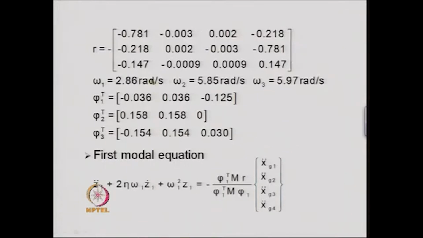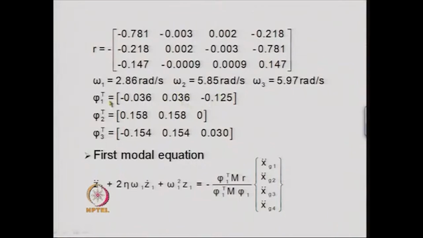The R matrix that we had already obtained for this cable stayed bridge is shown here, a 3 by 4 R matrix. The 3 frequencies that we obtained for this structure were omega 1, omega 2 and omega 3.